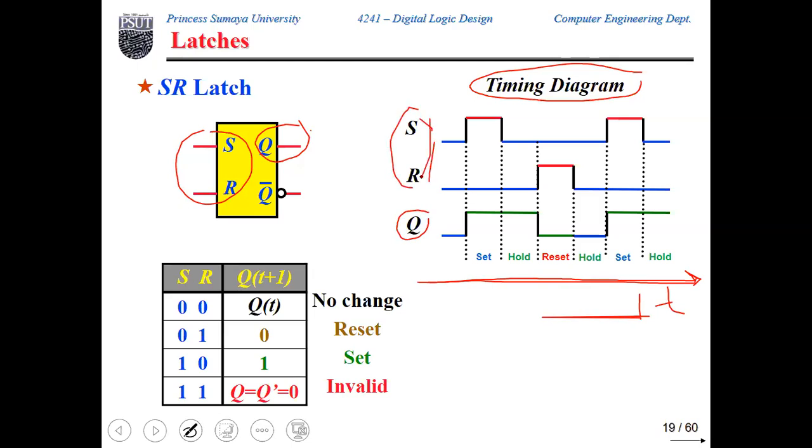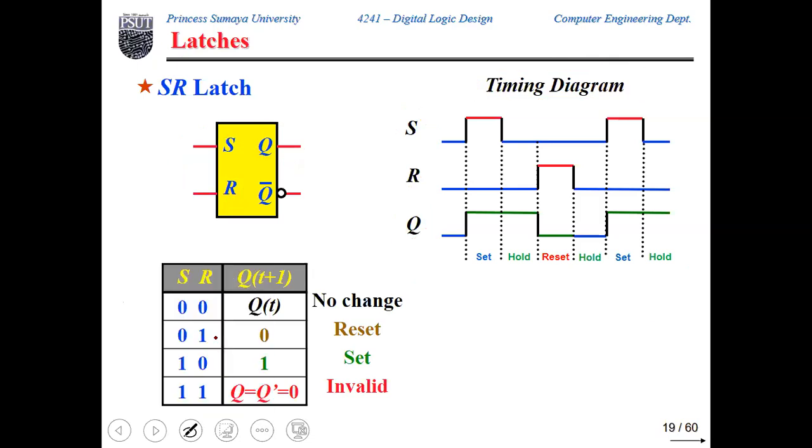So we can represent the table that we had earlier when we analyzed the circuit using this approach. We call it the timing diagram. So it shows the behavior of the circuit over time using this diagram instead of using a table.